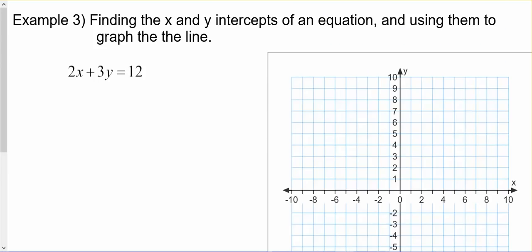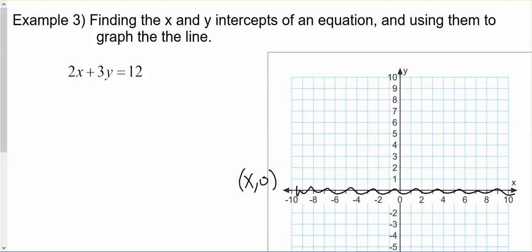So now the practical application to it. You're given an equation, 2x plus 3y equals 12. And if we remember, all along this x-axis, what was our value of y? Our value of y was 0. This is some x, and we know y is 0 all along this axis.